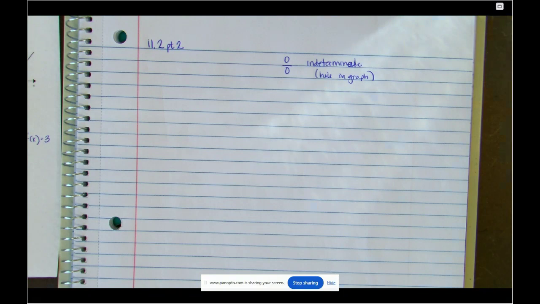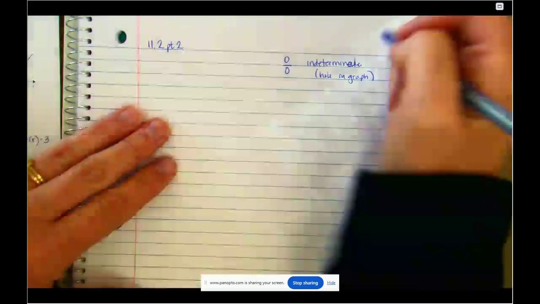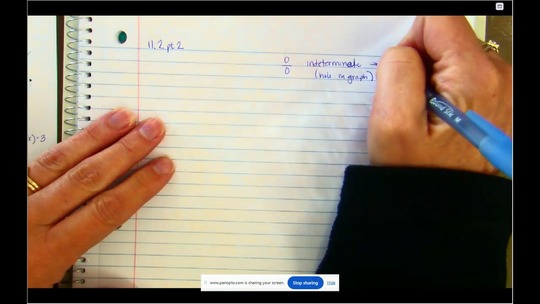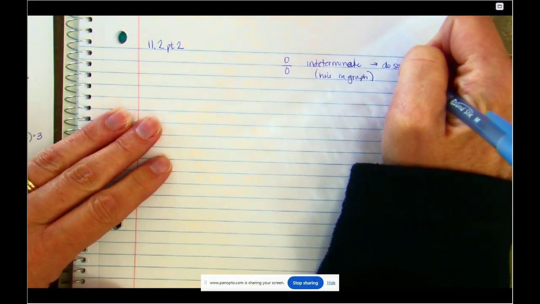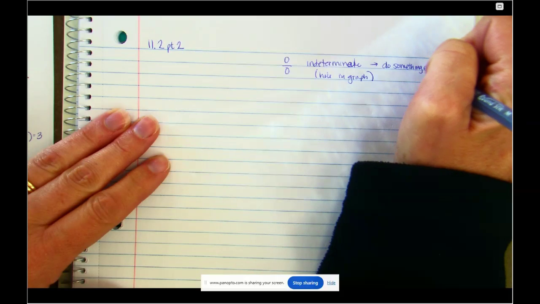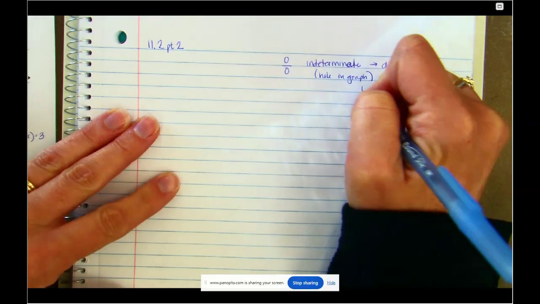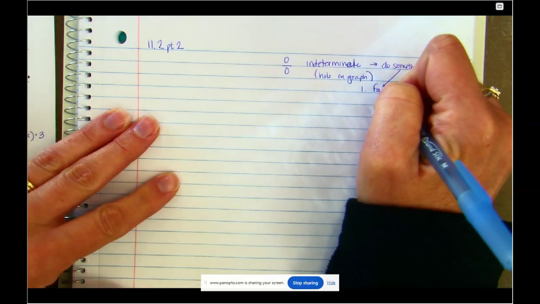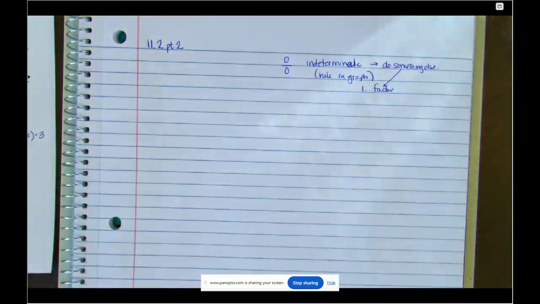When you factor it, it reveals where that hole is. So I told you there are three things. Indeterminate tells you do something else. I told you we're going to talk about the three something else's. So the first one was factor. So we're talking about the other two today.